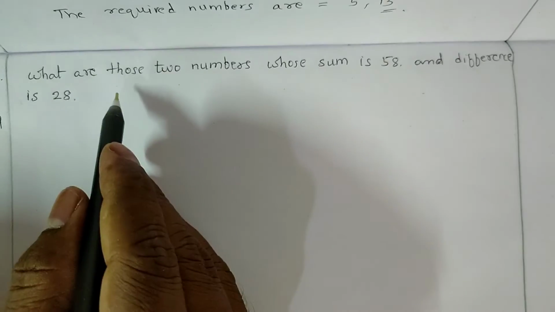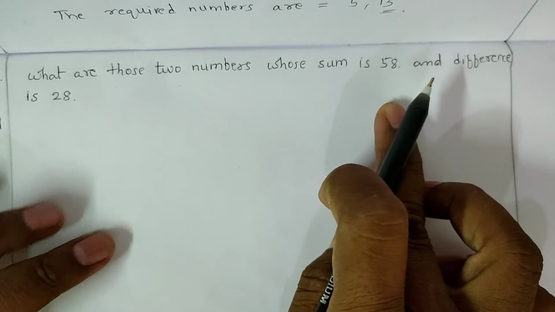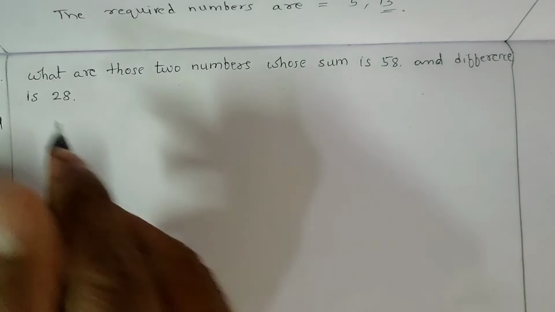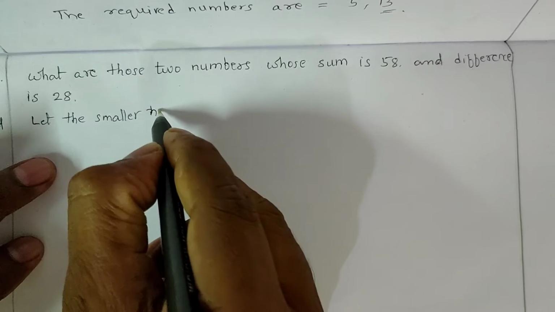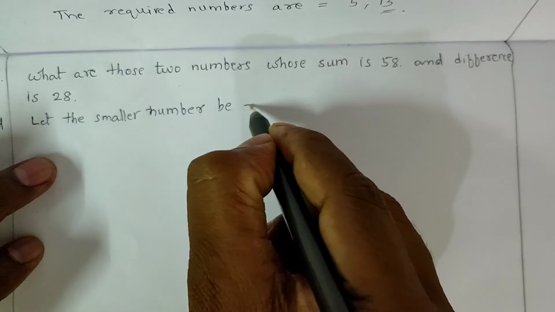So let's move on to the next problem, the third one. What are those two numbers whose sum is 58 and the difference is 28? So let the smaller number be equal to x.